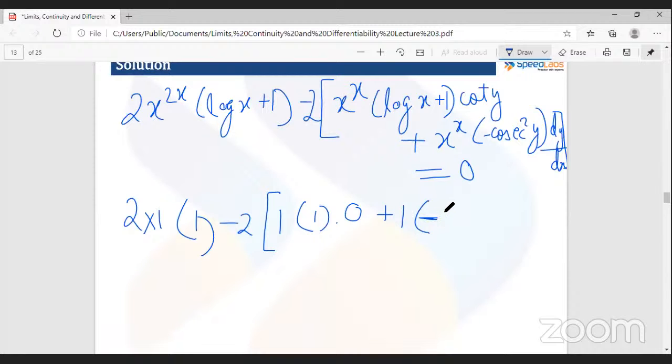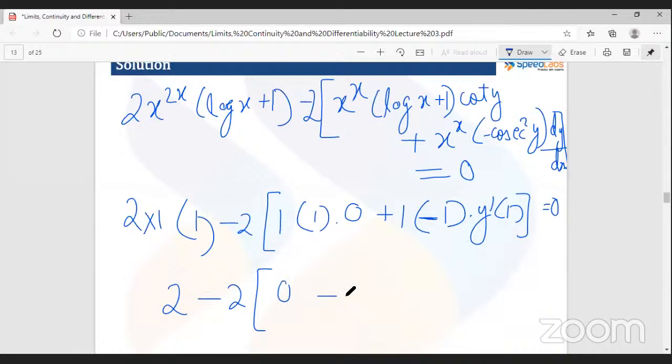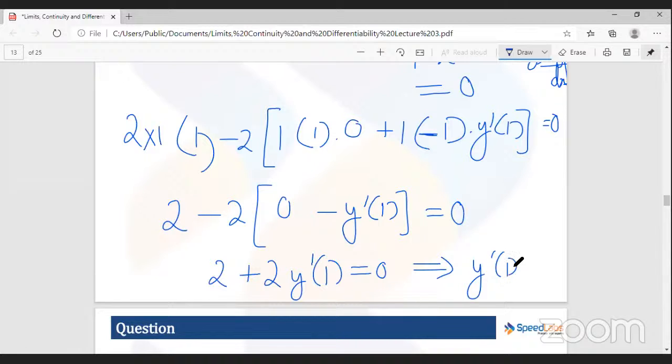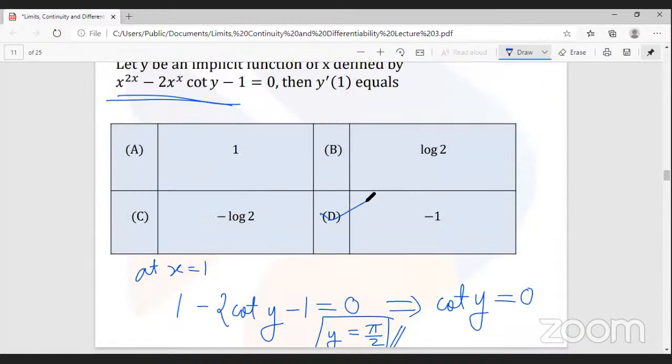Minus cosec square pi by 2, which is 1, so it becomes minus 1 into y dash 1 equal to 0. This becomes 2 minus 2, this is 0, minus y dash 1 equal to 0. What we get here is 2 plus 2y dash 1 equal to 0. This implies that y dash 1 is minus 1. So the correct option was D.